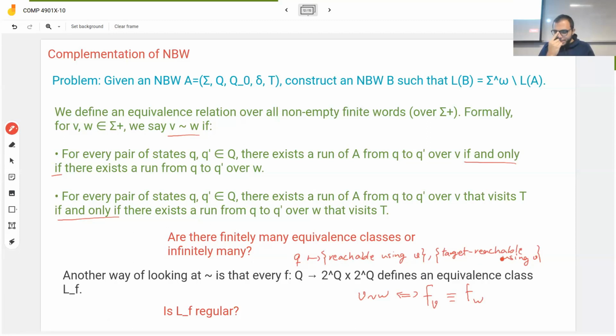And now my question is, if I give you this function, can you create an automaton so that when I give you a finite word, the automaton accepts if and only if that finite word satisfies the requirements of this function? If and only if f of v is equal to f.